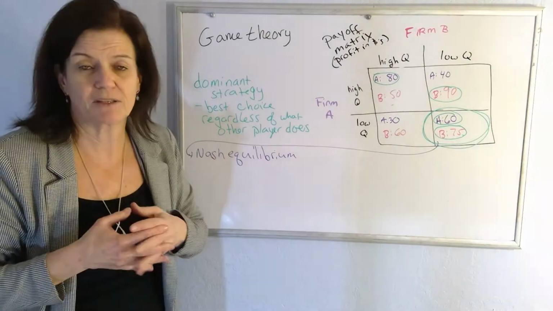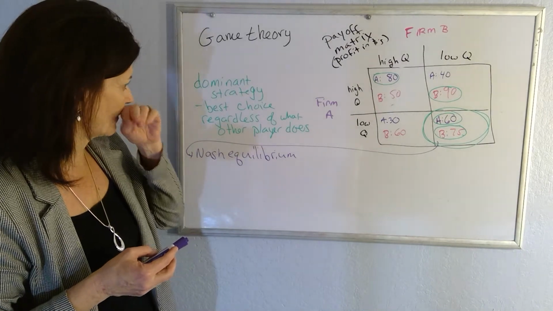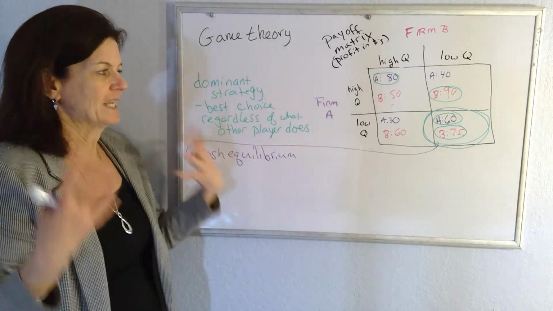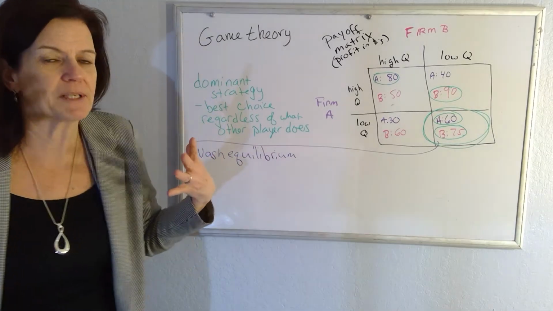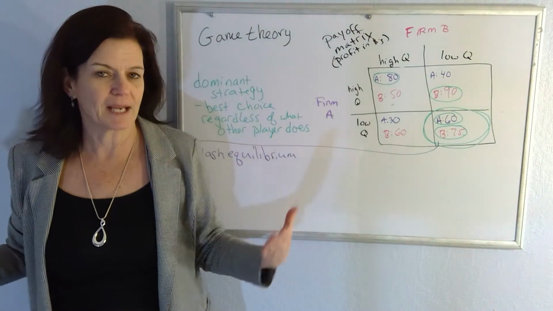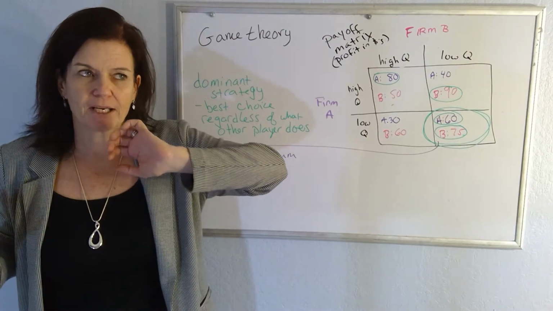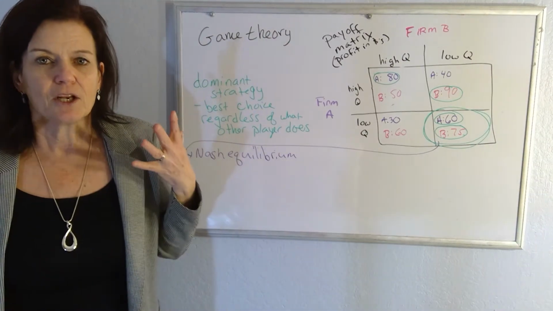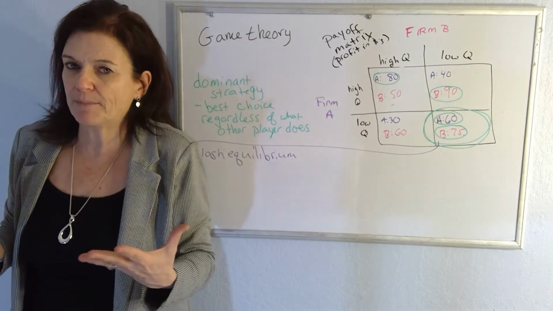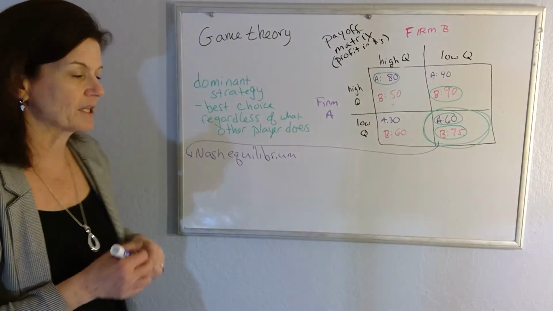I don't know if you've ever seen the movie A Beautiful Mind. He was one of the pioneering game theorists, a brilliant person. But so, equilibrium in game theory. Remember, whenever we say equilibrium in economics, we mean it's a stable situation. Nobody has incentive to change their behavior. Same thing in game theory. Equilibrium in a game is when nobody has incentive to change their behavior, meaning everyone has chosen the best thing. They don't want to change their choice once they see what the other person's done.